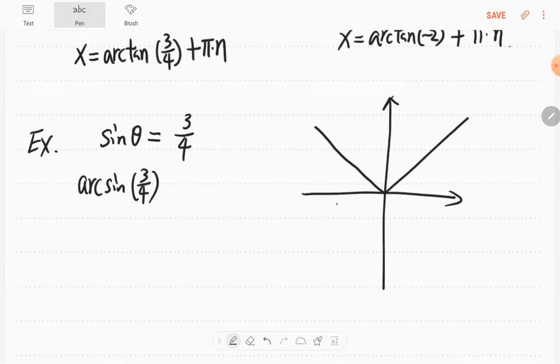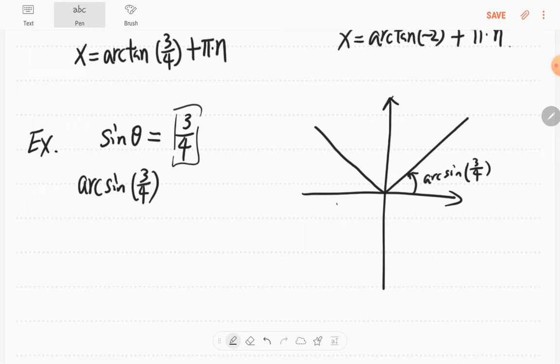We know arc sine is from -pi/2 to pi/2, and this is a positive number, so it must be this angle. So this is the arc sine of 3/4. Okay.